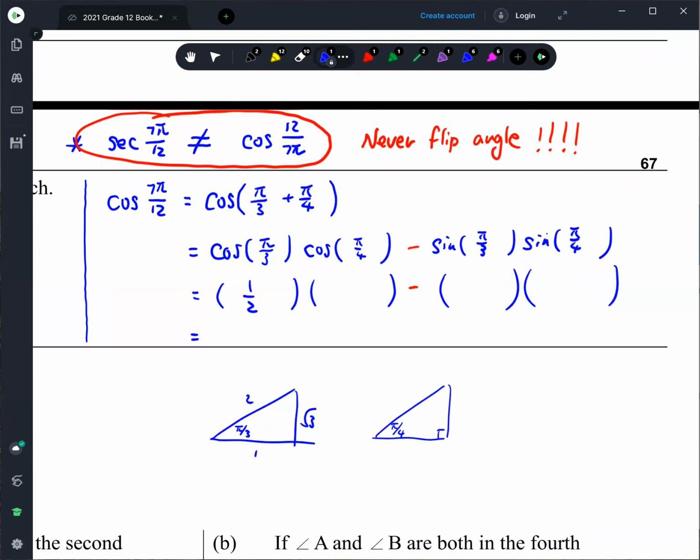What are the three sides? 1 and square root of 2. Where do you put the square root of 2? On the hypotenuse. Yeah. So cosine is which side over which side? Adjacent over hypotenuse. So what over what? 1 over square root of 2. Yeah.